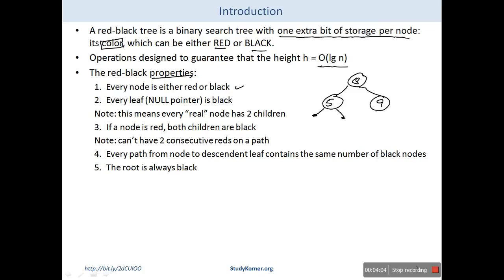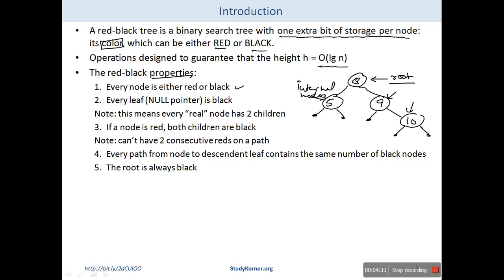So we have some null pointers. Suppose here it is 10, then this 10 also has some null pointers. So it divides your tree into different types of nodes. One is the root node, which is the uppermost node. Others are the internal nodes, 5, 9 and 10. These are the internal nodes.